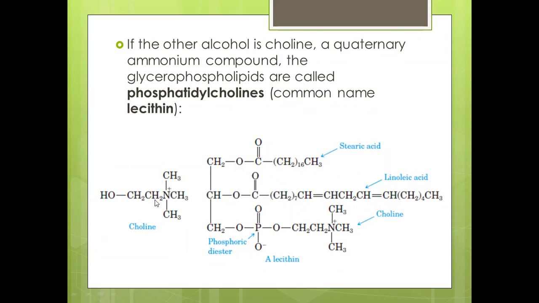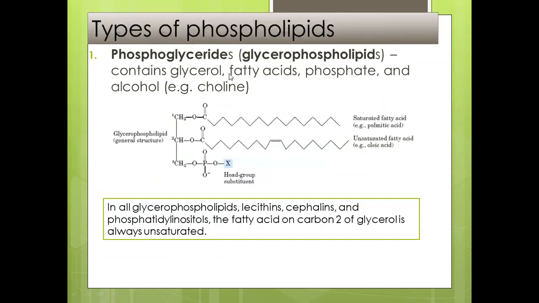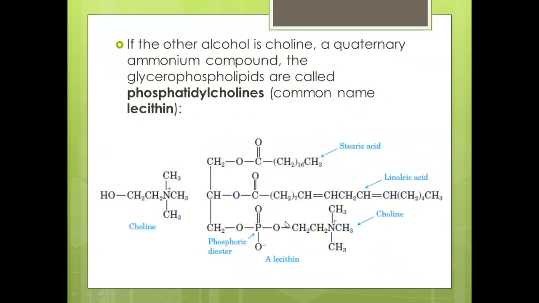Choline, so you have an alcohol. You mentioned earlier that it's an alcohol. So you have your fatty acids, you have your phosphate, and you have your glycerol and alcohol. You can see here, you don't see an alcohol. Why is that? Because the choline, which is an alcohol, is already esterified here. There's already some kind of reaction. When the alcohol reacts with phosphate to form an ester, the alcohol disappears.